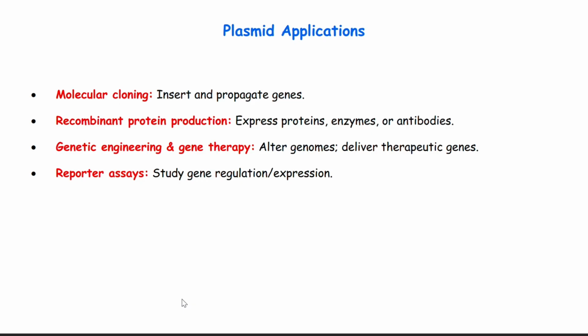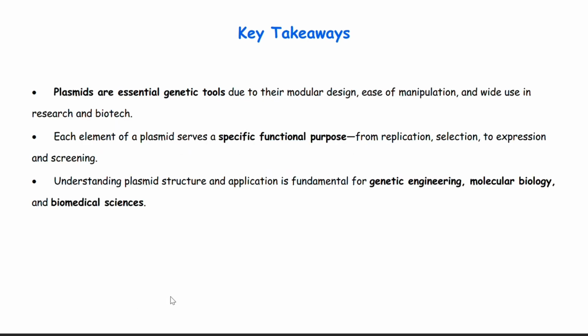By learning what each part does, ORI, selectable marker, cloning site, promoter, and the inserted gene, we see that a plasmid is like a flexible toolkit for biology and also biotechnology. To wrap up, plasmids are not just tiny circles of DNA, they are key tools that connect basic genetics with real world uses, from making medicines to improving research.